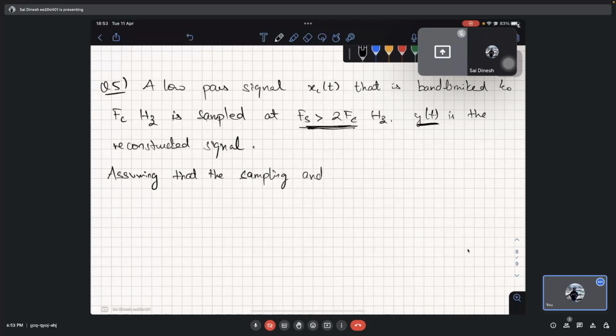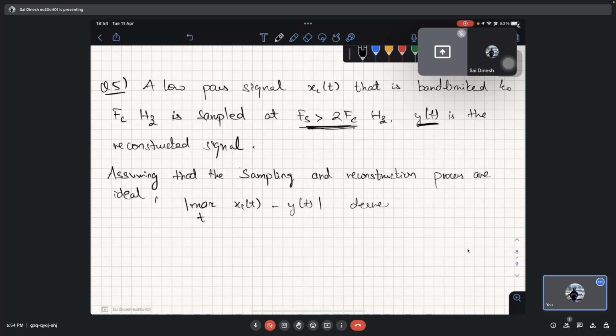So y of t is the reconstructed signal, assuming that the sampling and reconstruction process are ideal, max of x of t minus y of t decreases. Is it true?